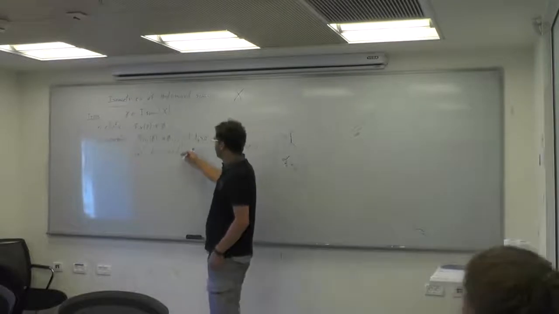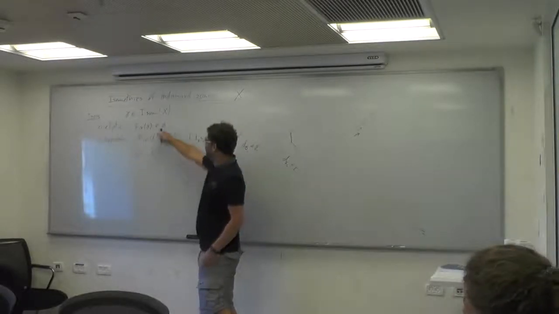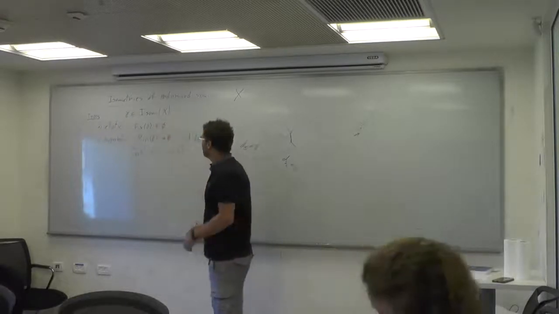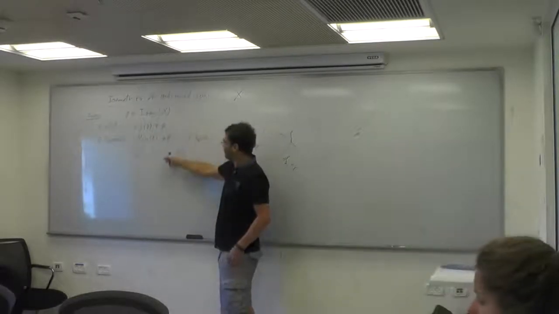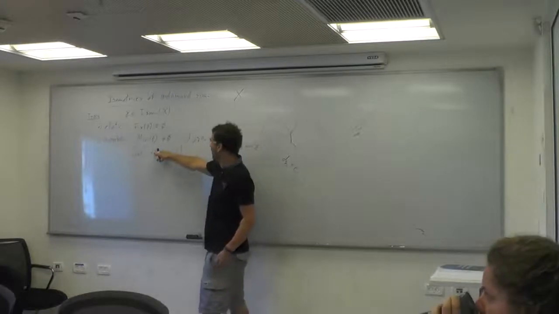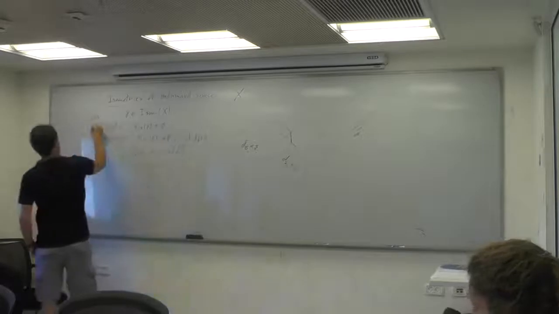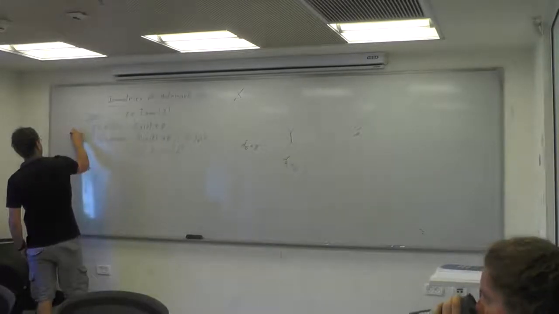If gamma is elliptic, then Fix(gamma) equals Min(gamma). So these two types are the types where the minimum of d gamma is attained, the infimum is attained, and these two are called semi-simple.